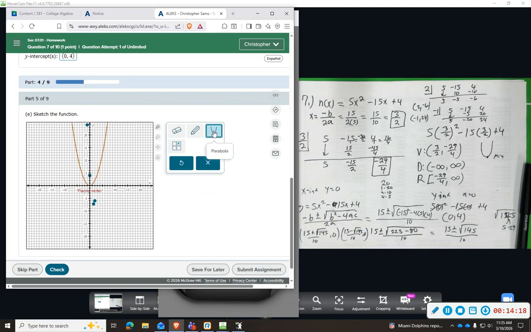We're going to draw the parabola, place it on this vertex. It opens up, and you can see it goes through all of those points that we have.